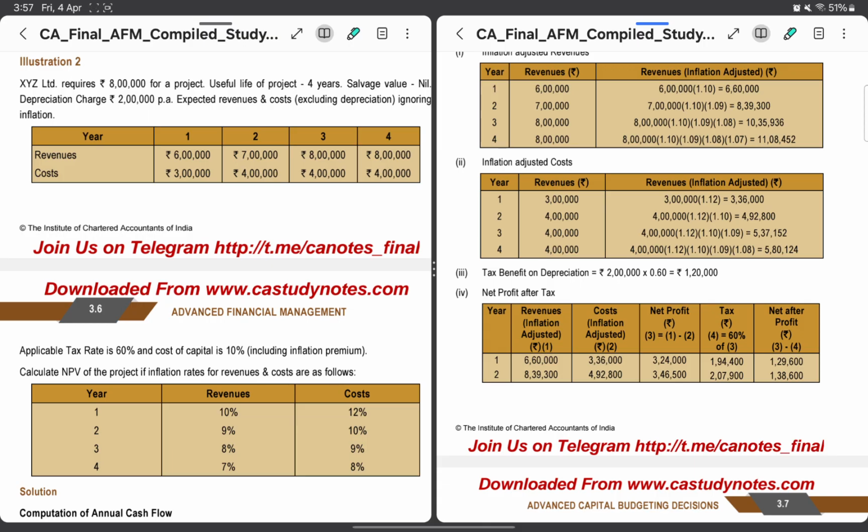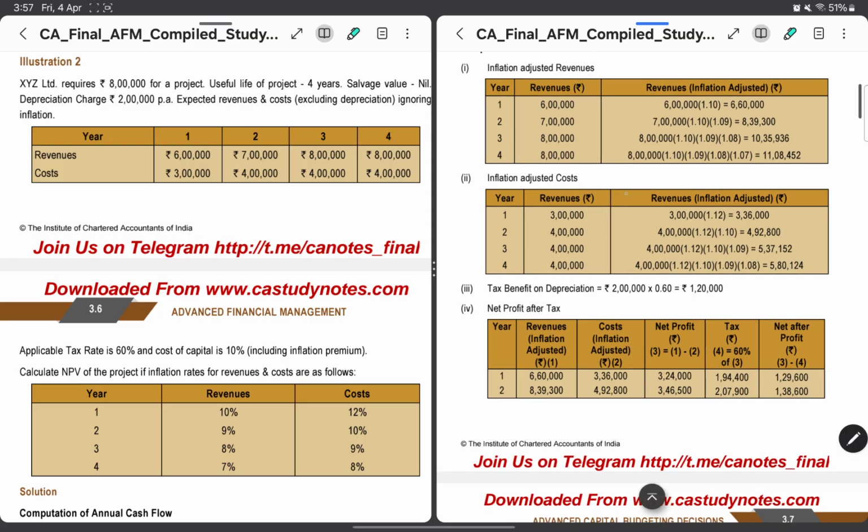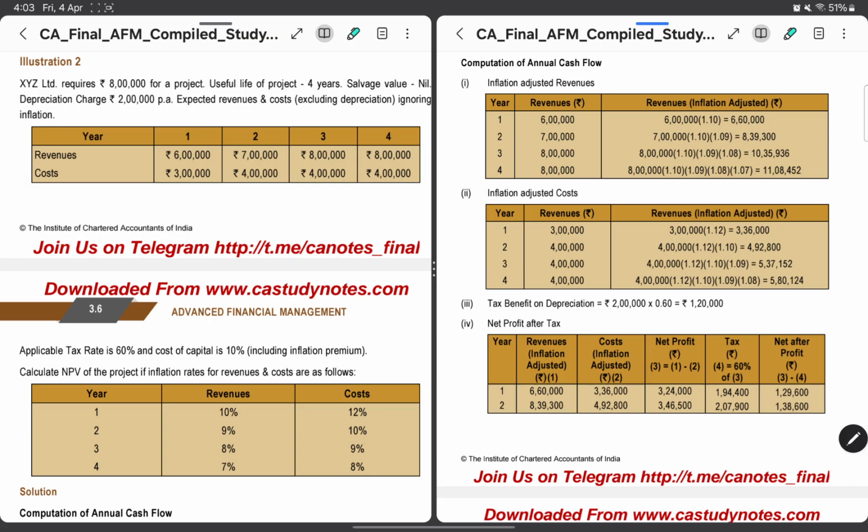What does that mean? Let's say in this revenue and cost, we are estimating those before the project commences, like now only. As our revenue and costs are projected, those real cash flows have to be adjusted by inflation.